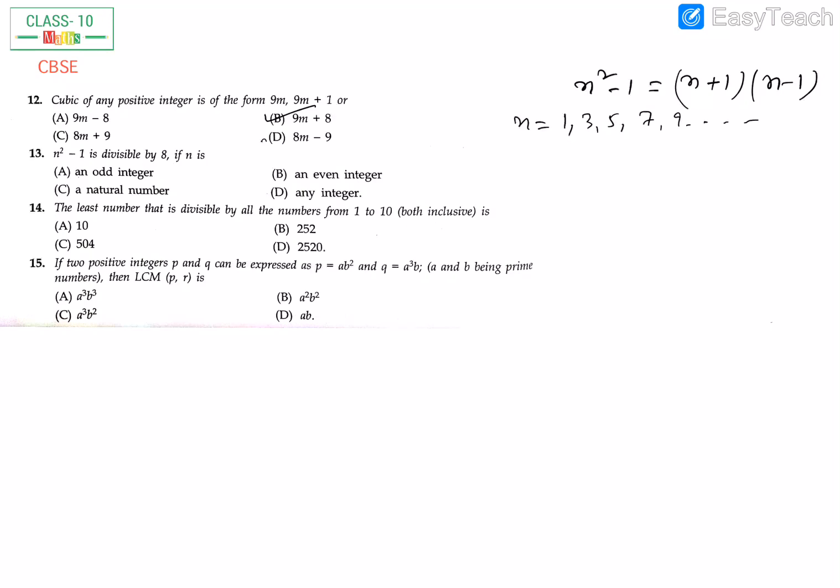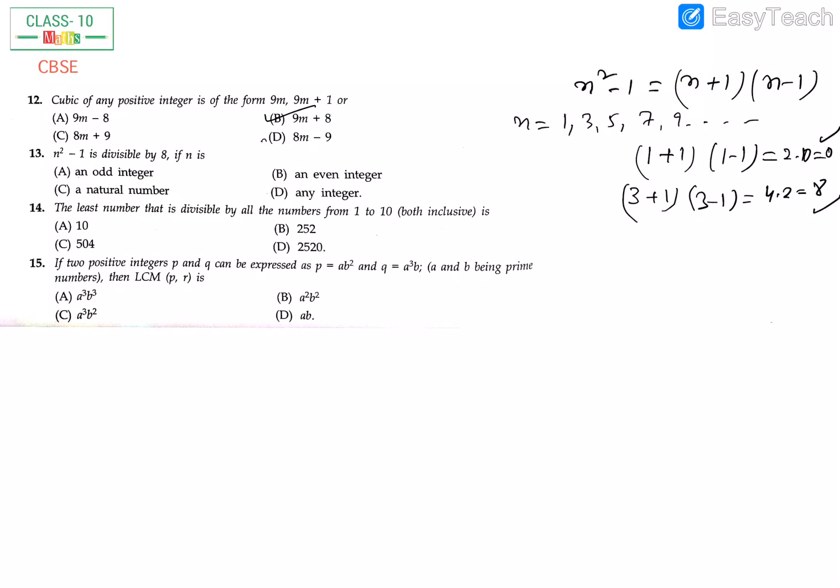So the value of n square minus 1 for n is equal to 1: 1 plus 1, 1 minus 1, this gives 2 into 0, means 0. Then n is equal to 3: 3 plus 1, 3 minus 1, that is 4 into 2, that is 8. This is divisible by 8.